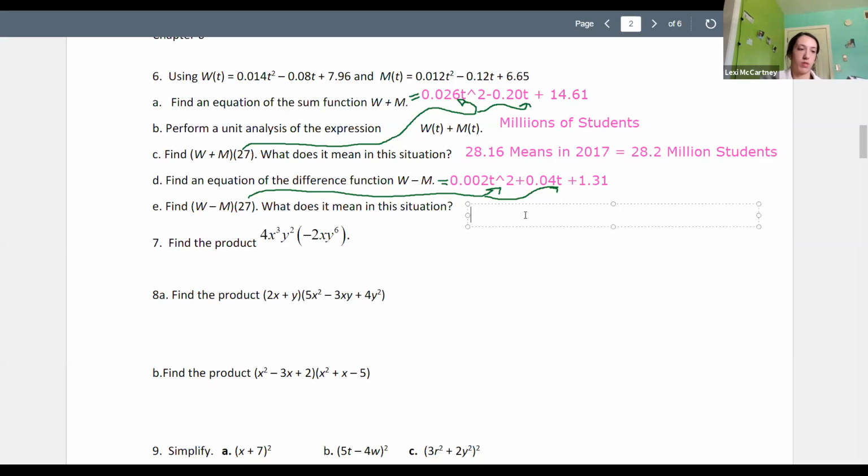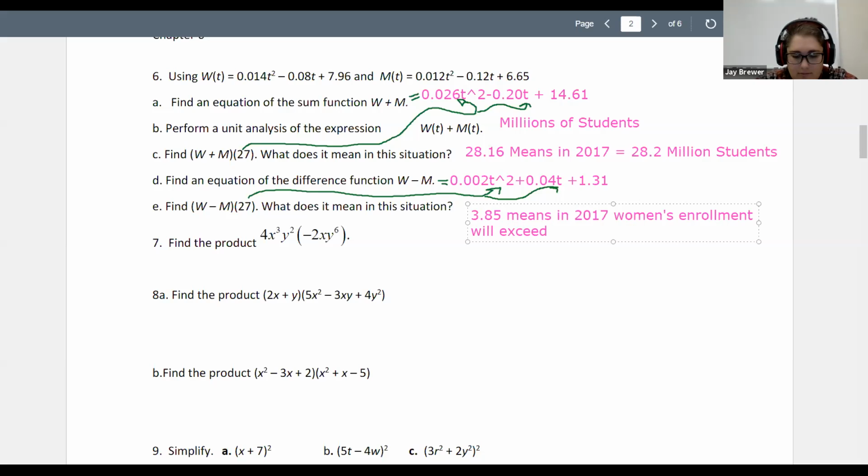I got 3.85. Perfect. Okay. You can see how old this problem is.